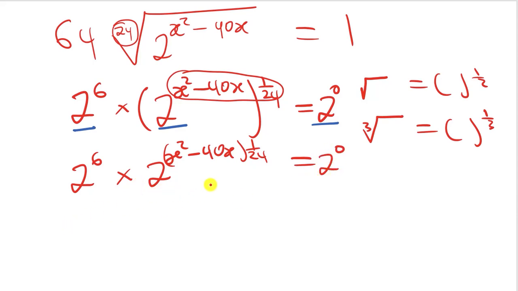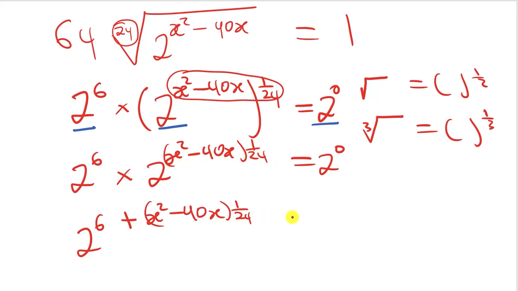Now that the bases are the same, let's combine the terms on the left hand side. So we are going to have 2 exponent 6 plus, because of that times, so plus x squared minus 40x, times the 1 over 24. The 1 over 24 is multiplying the x squared minus 40x.